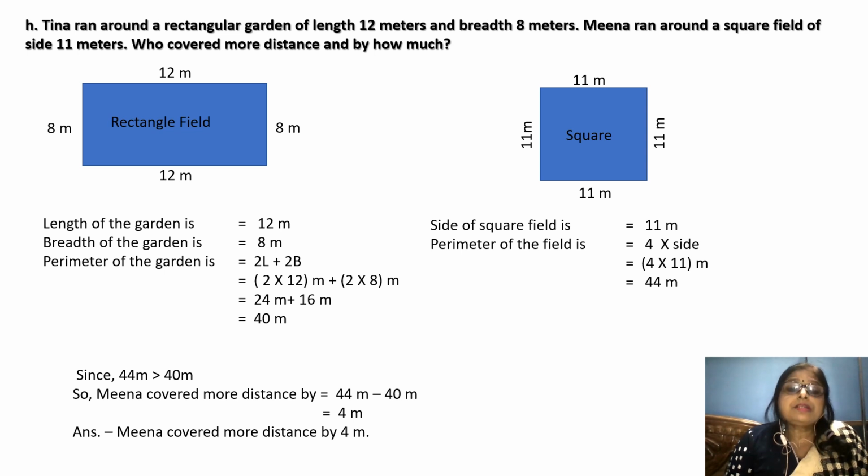But how much more distance Mina covered, you can find out by subtracting. So you subtract 40 meter from 44 meter, that is equal to 4 meter. So you can say that Mina covered more distance by 4 meter.